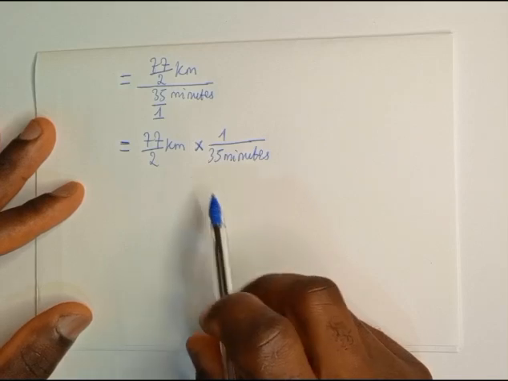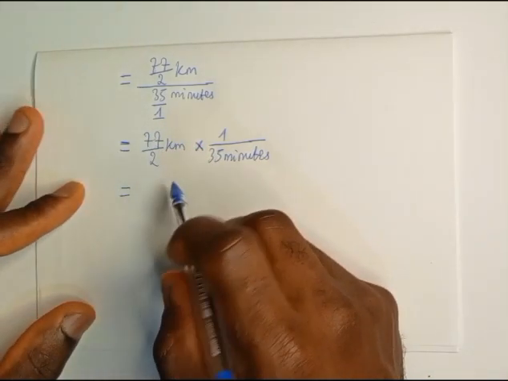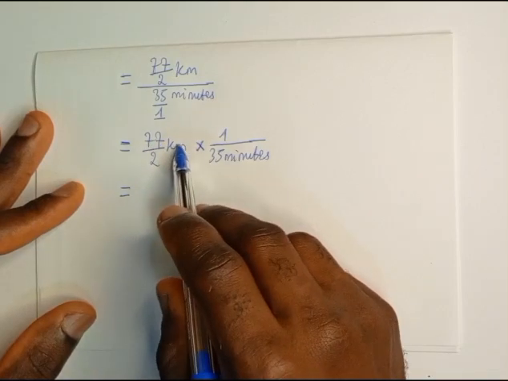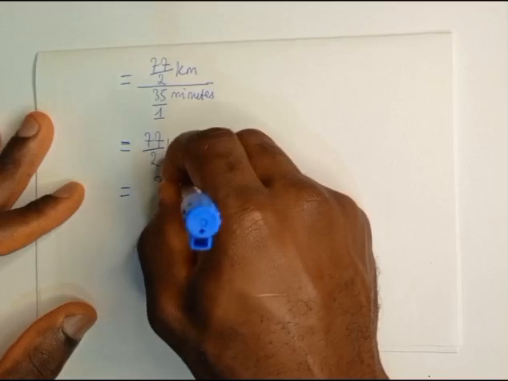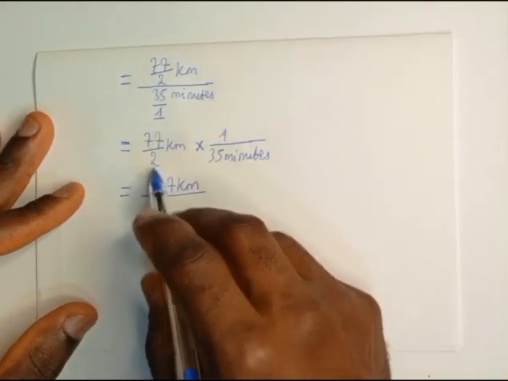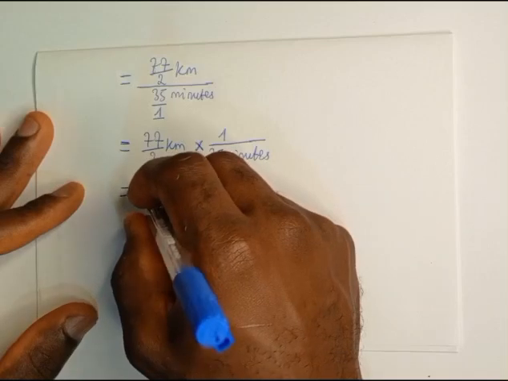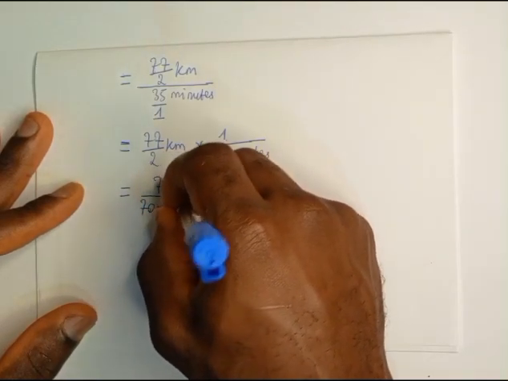That means no simplification can be performed. Multiplying the two fractions, 77 kilometers times 1 remains 77 kilometers at the numerator, all over 2 times 35 minutes gives us 70 minutes at the denominator.